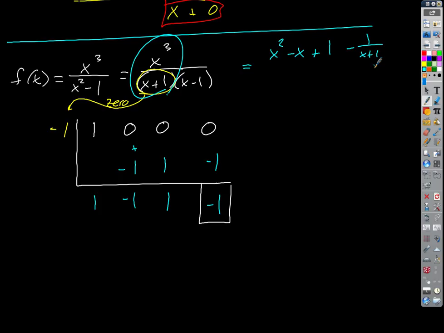But we still have to multiply through by 1 over x minus 1, because we haven't done this part yet. So we have to take this whole thing and divide it all by x minus 1.